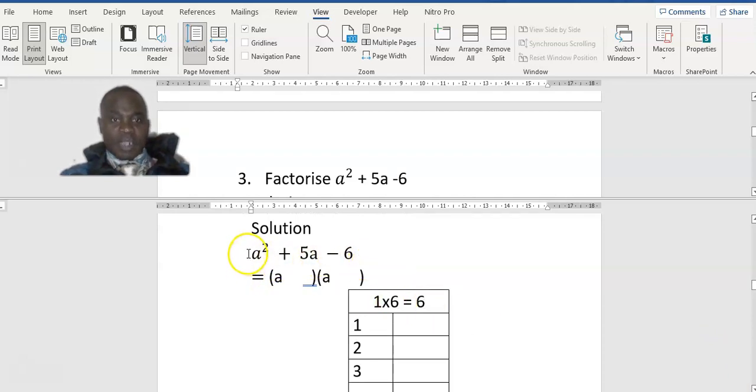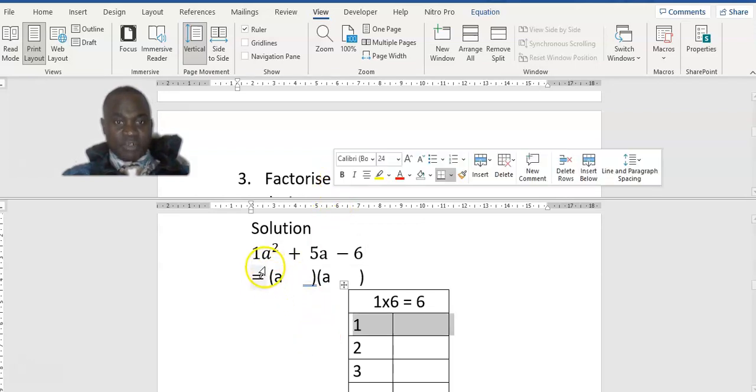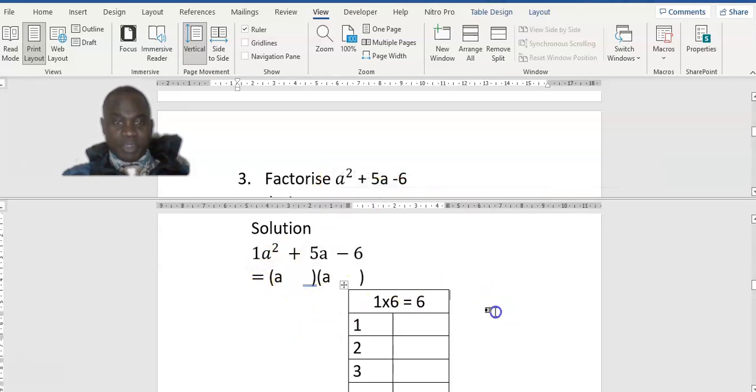Okay, so there's 1 in front here, so 1 times minus 6, which will give us 6. Even though in the question they don't put 1 there, there's 1 there, so you put it there.